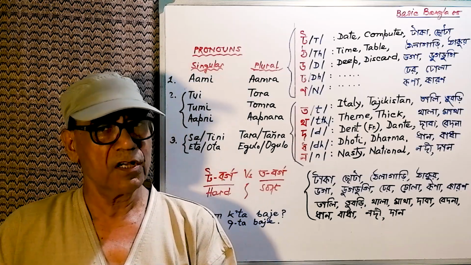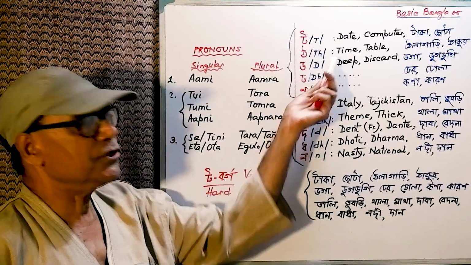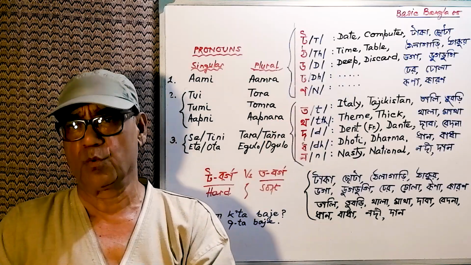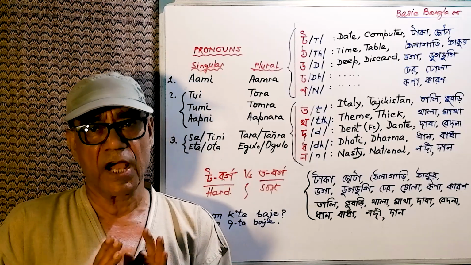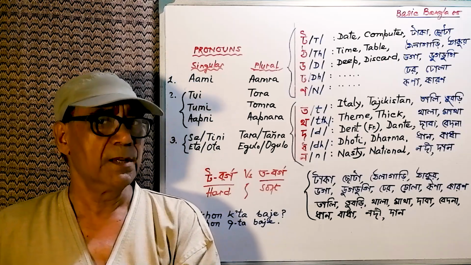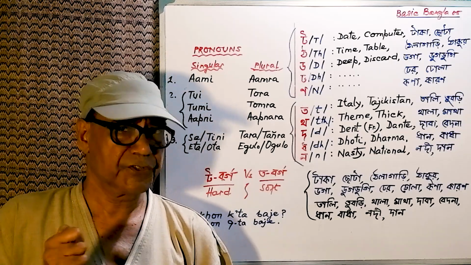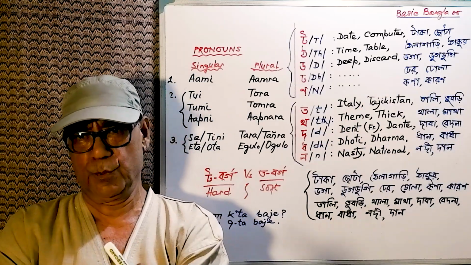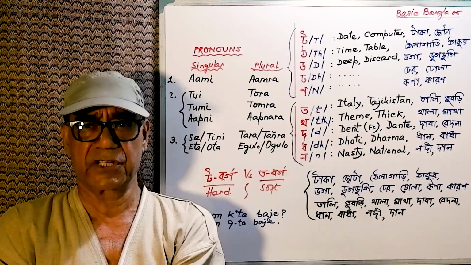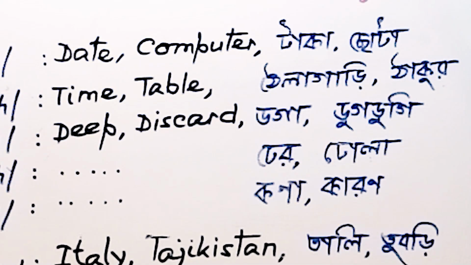When you say tha, you use this T sound, but stressed one. Time. Table. Thalagari. Thala means push, and gari means cart. So the cart that you push becomes thalagari.